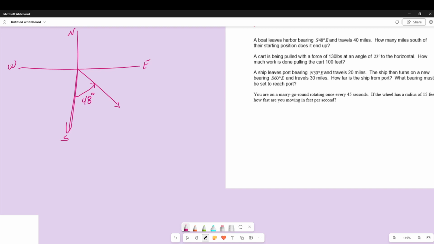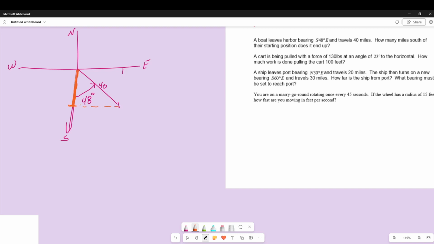How many miles, for how long? Oh, 40 miles, there it is. So 40 miles. And then how many miles south of their starting position does it end up? So essentially, we're being asked for this distance. How far did they go towards the south?